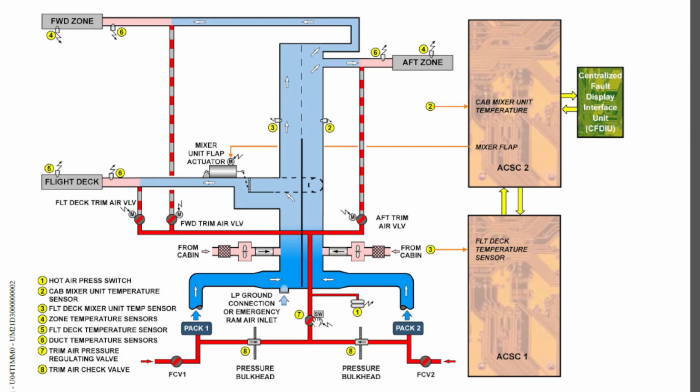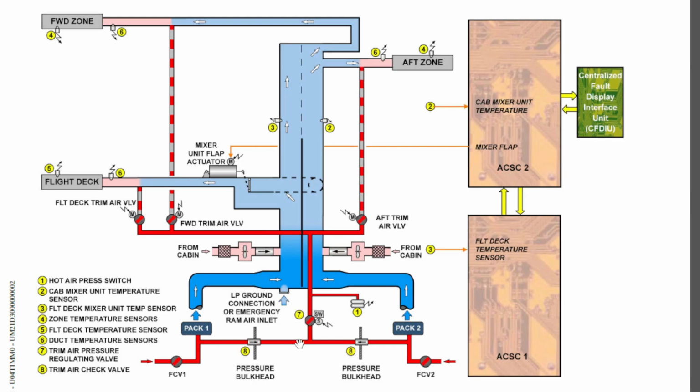Why do you call it the trim air pressure regulating valve? You call it trim air because it is used to control hot air or the trim air, and pressure regulation part. So the function of this valve is to ensure that the pressure of the hot air is maintained at a value of 4 psi above the cabin air pressure. Now why do you need to maintain trim air at a higher pressure than the cabin air?